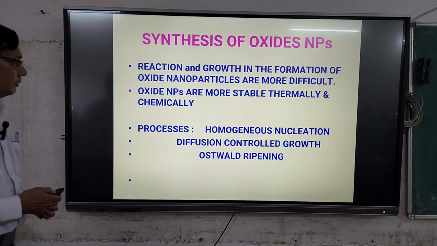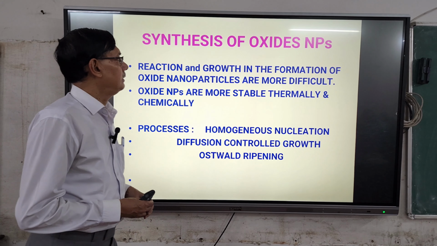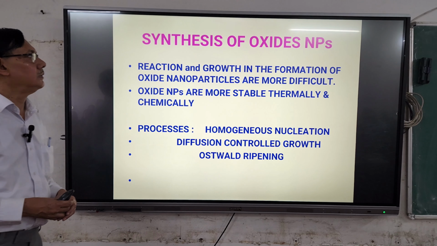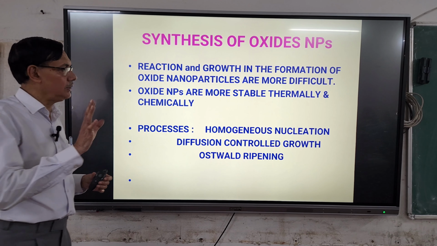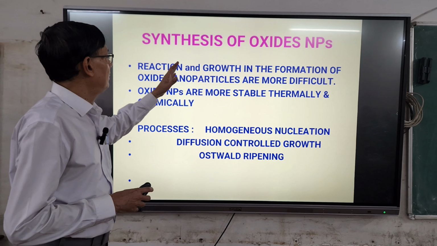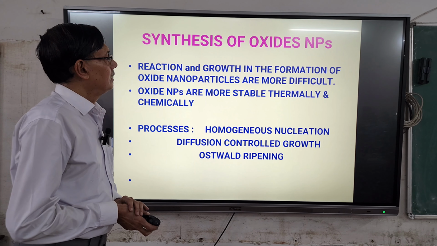Now, so I have covered the cadmium sulfide, cadmium selenide, cadmium telluride, zinc sulfide. Now the second type, today I will not discuss the ceramics and other things, but I will only discuss the sol gel method.